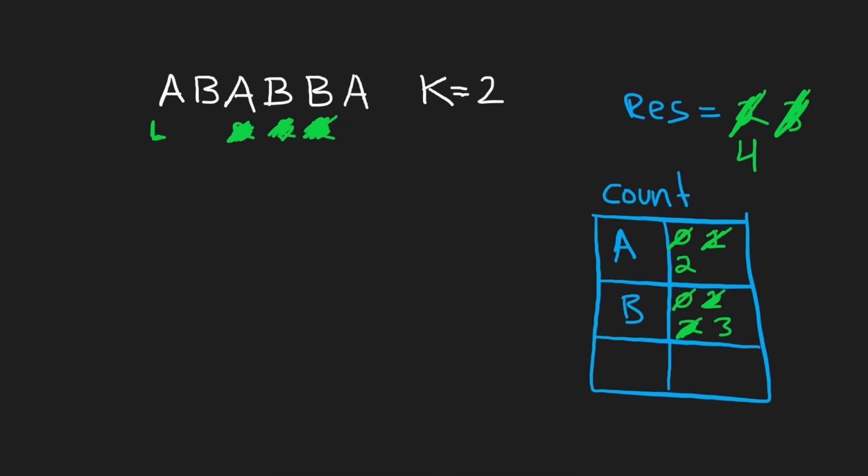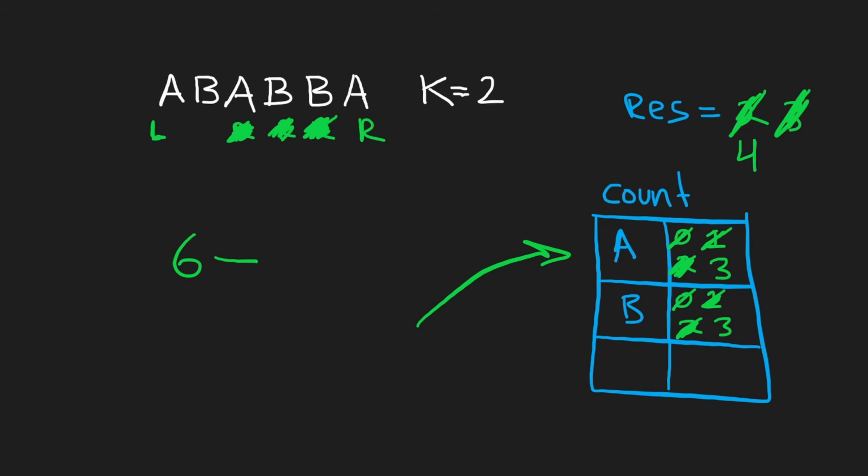Okay, so now we're finally going to get to the case that I mentioned earlier where we're going to have to take our left pointer and slide it to the right, which is why this is a sliding window problem. So now we reached an A, so we're going to take the count of A and set it to 3. So now we have A count 3 and B count 3. So let's take the size of our window, 6, and subtract from it the count of the most frequent character.